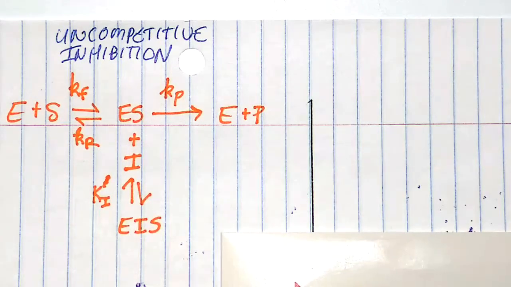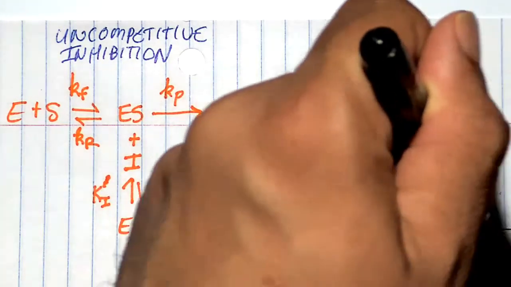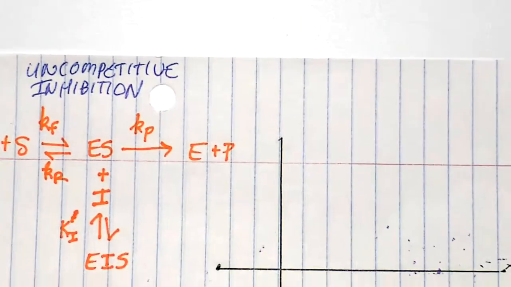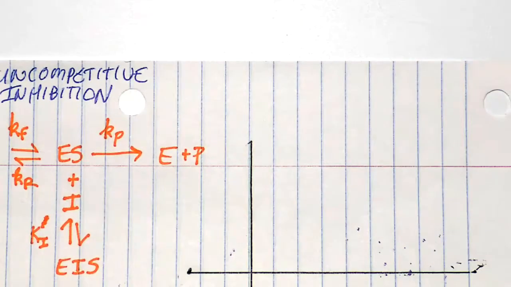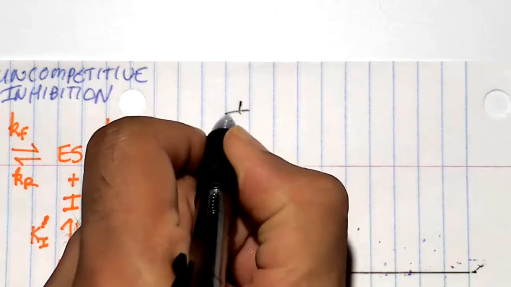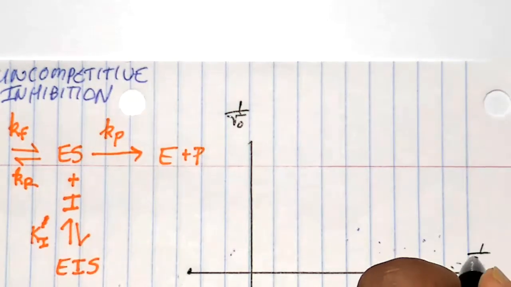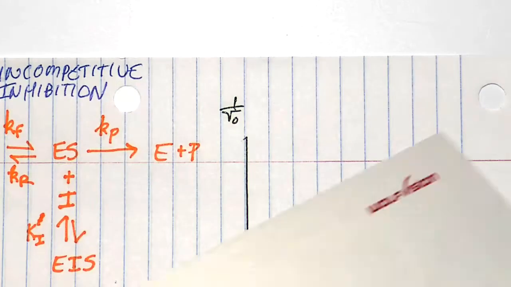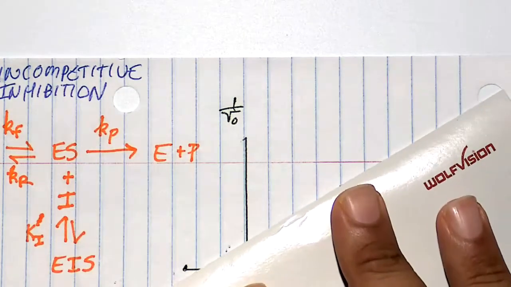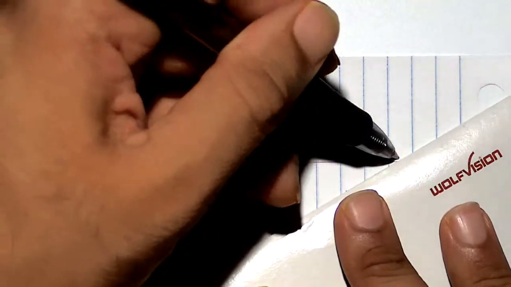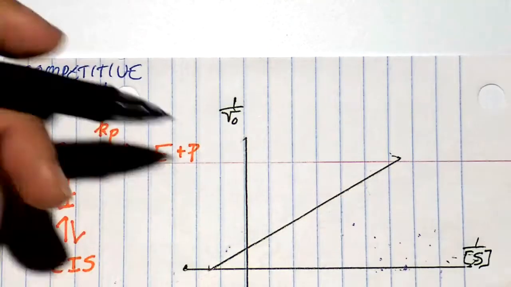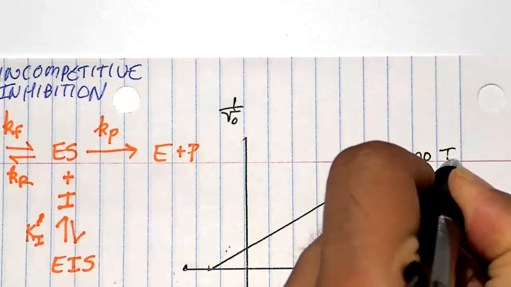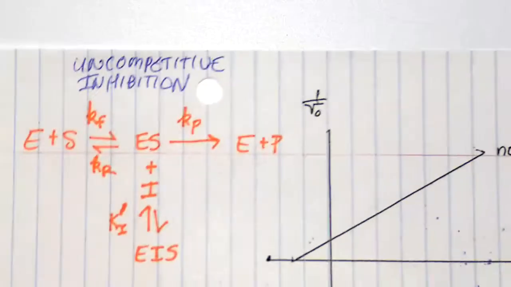And as always, I want to emphasize the idea of always labeling your axes, and if any type of math is involved, always put a number with the units. Okay. So this is with no inhibitor.